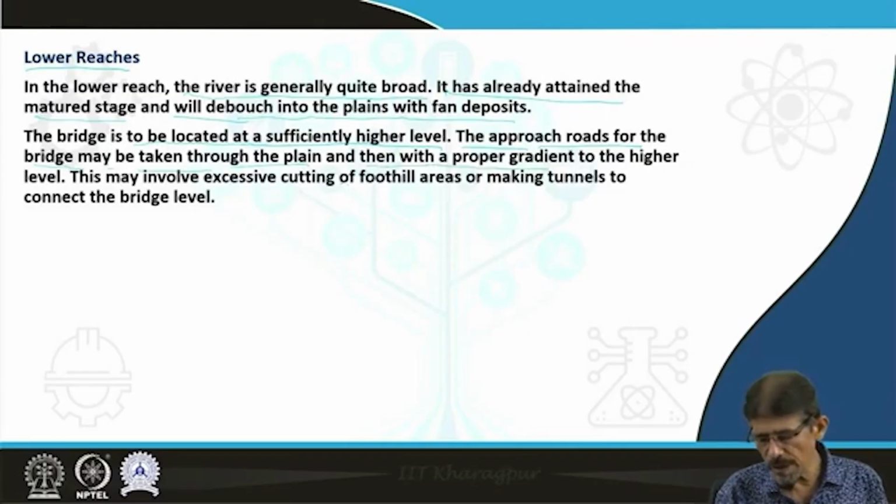Then with proper gradient to the higher level is assessed properly, and this may involve excessive cutting of the foothills area or making tunnels to connect the bridge in the lower reach area if the situation is not suitable for construction.